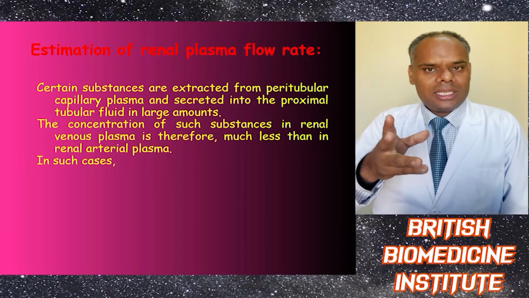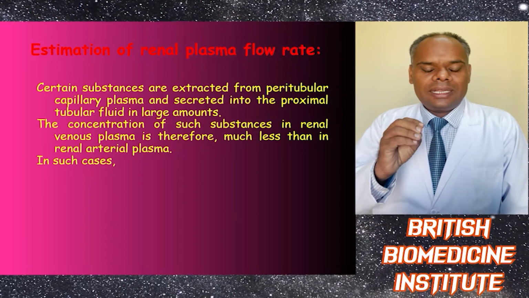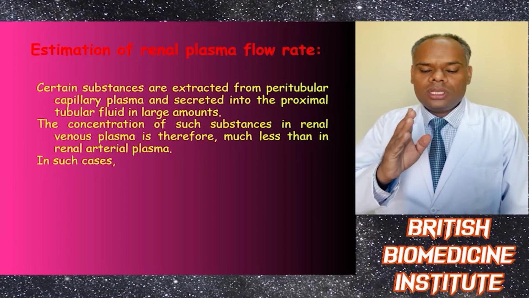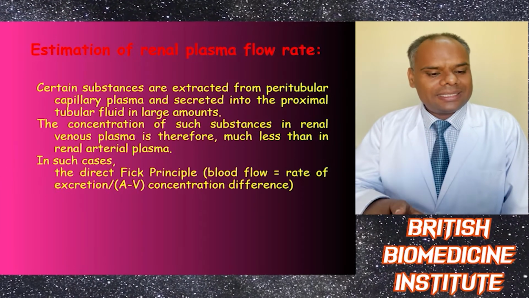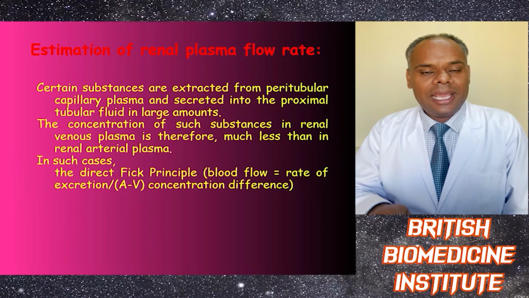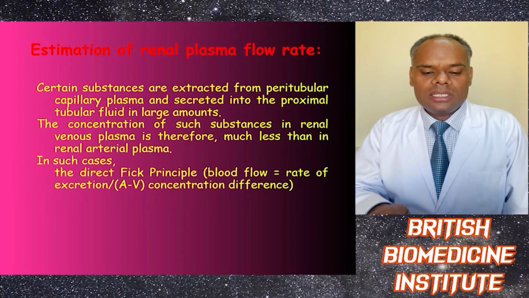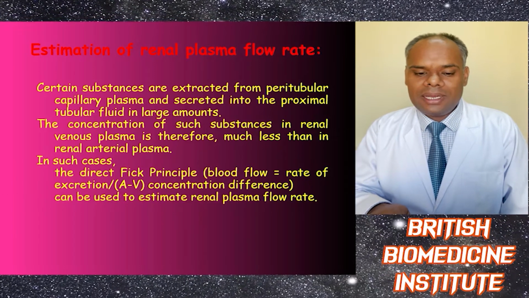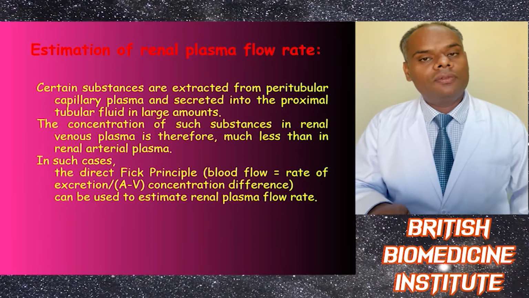In this type of case, the direct Fick principle can be used, which means blood flow equals rate of excretion divided by the A-V concentration difference, to estimate renal plasma flow rate.